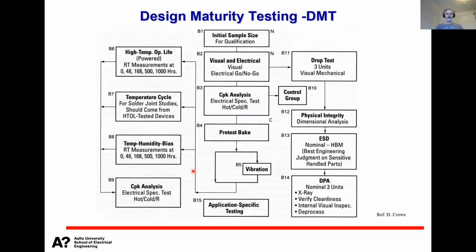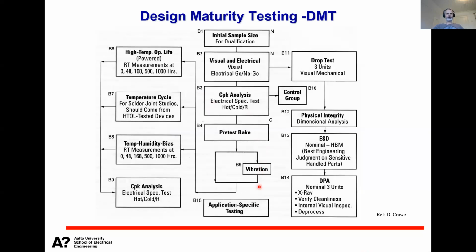Now I don't want to go into details. This is just a flow chart from Dana Crowe's Design for Reliability book, to show that you have a certain number of samples, and these samples can take a route into different tests. For example, here you start with 100 samples, and all of those go to electrical and visual inspection. Some go to drop testing, some have CPK capability analysis, meaning they are measured at different hot and cold temperatures, and so on.